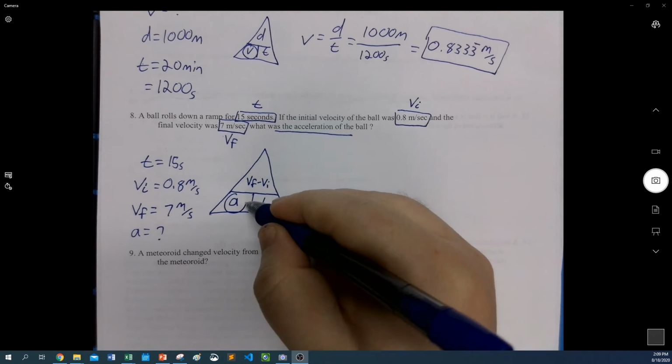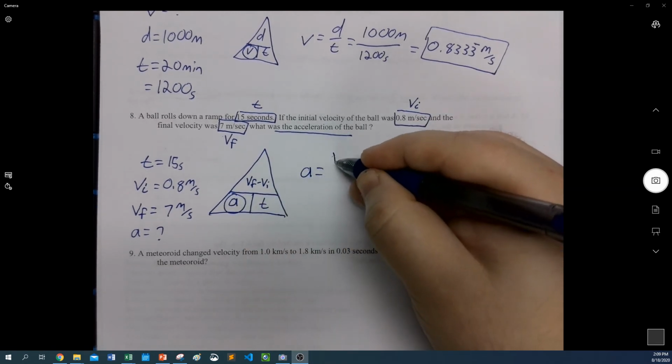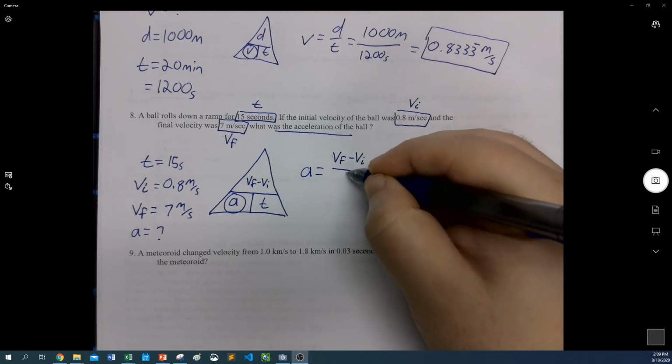So we're solving for acceleration. Acceleration is equal to final velocity minus initial velocity over time.